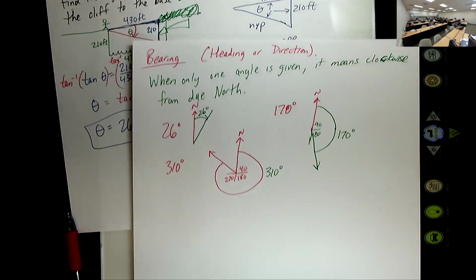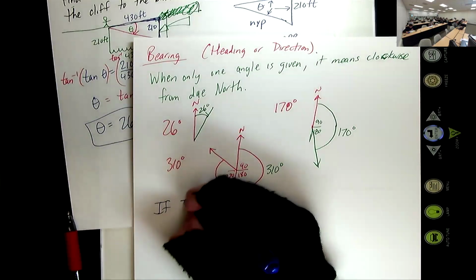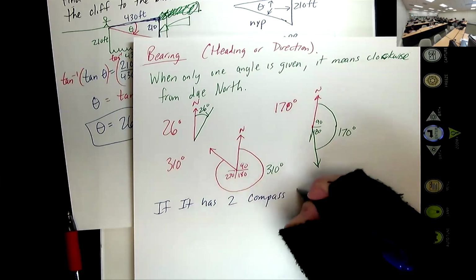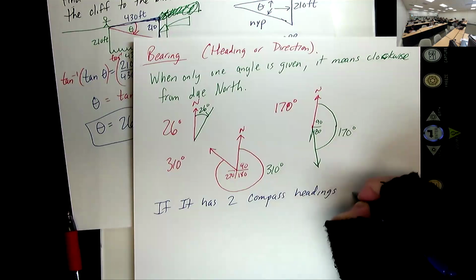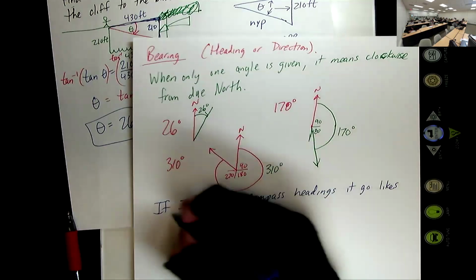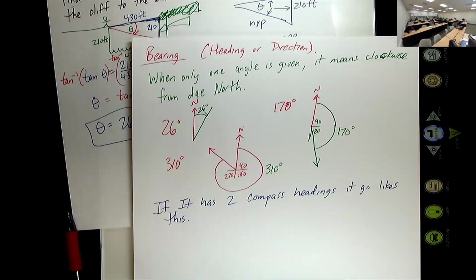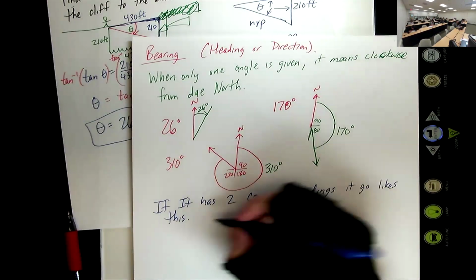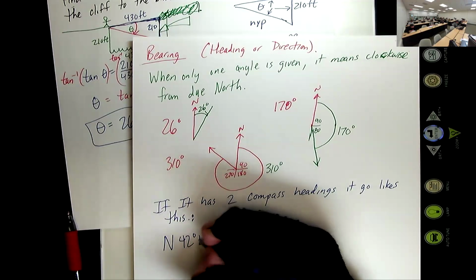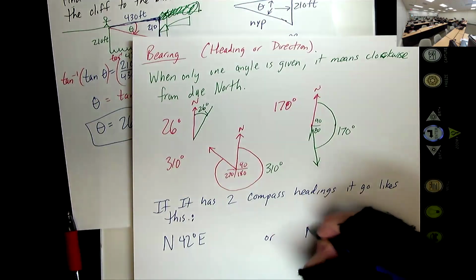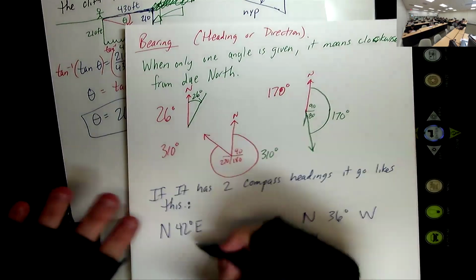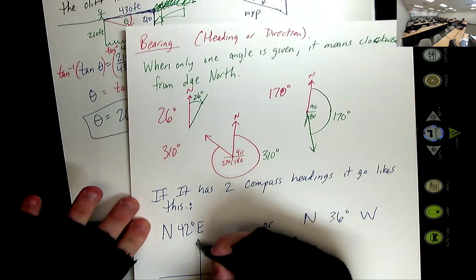Now, if it has more information, if it has two compass headings, it goes like this. If you see something like north 42 degrees east, or we'll look at north 36 degrees west, you start off with your north heading on both.